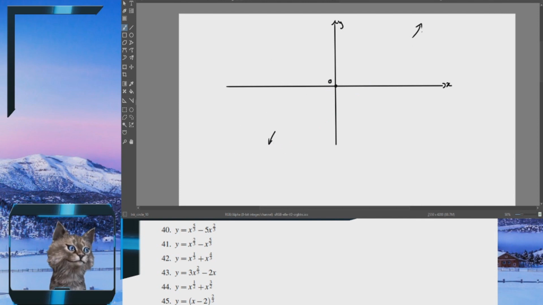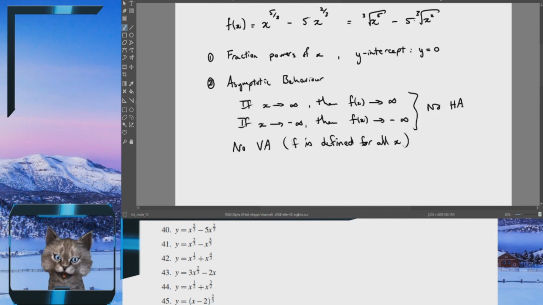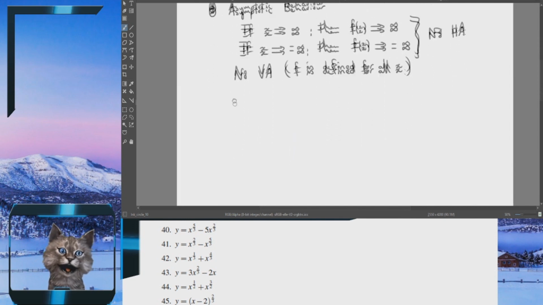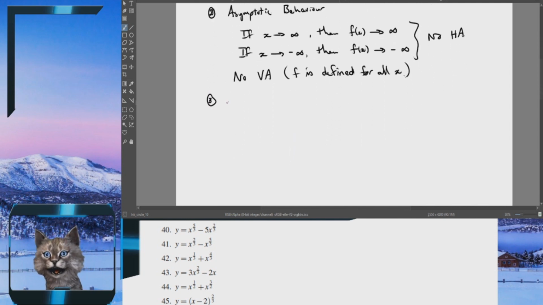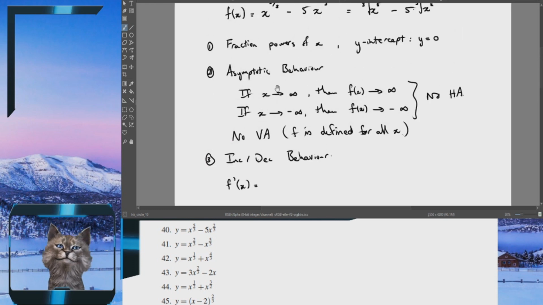Alright, that's something. Next, we want to see where is the function increasing and where is it decreasing, and how does it behave? For that, we need to find the derivative.